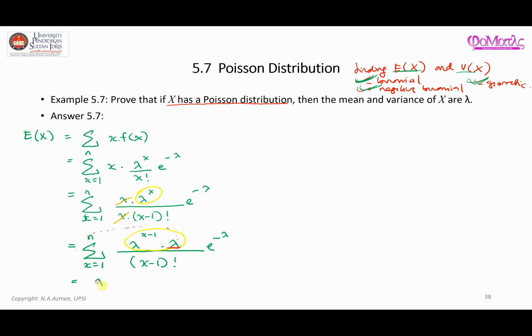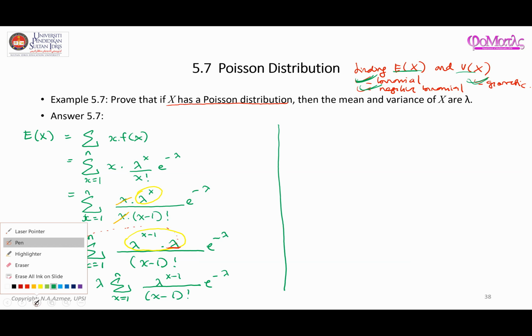So here we've got lambda, and here we have lambda to the power of (x minus 1) over (x minus 1) factorial, times e to the negative lambda. Next, we're going to simplify the look of it by representing these two using just one letter.